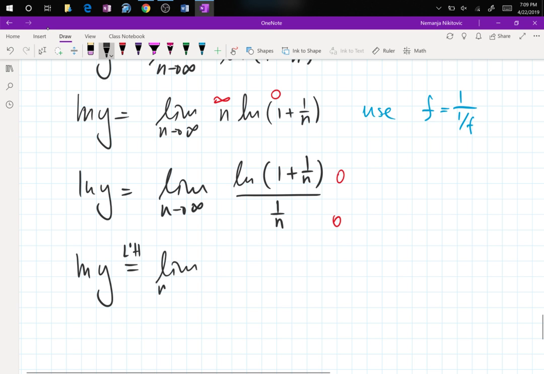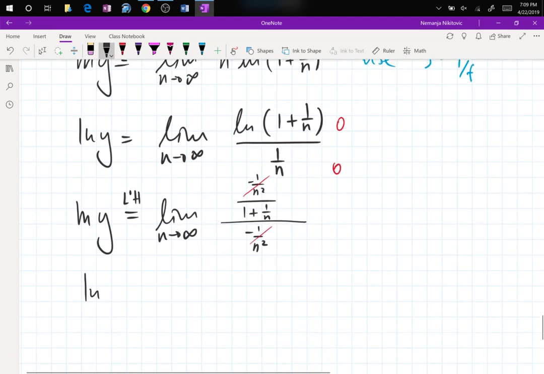So we have the limit as n goes to infinity, and then its derivative on top, which is negative 1 over n squared, and you have negative 1 over n squared in the denominator as well. So now these cancel, and you are left with ln y is equal to the limit as n goes to infinity of 1 over (1 plus 1 over n).